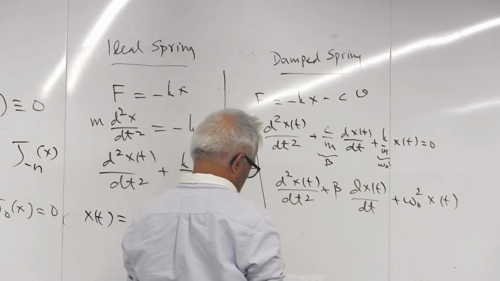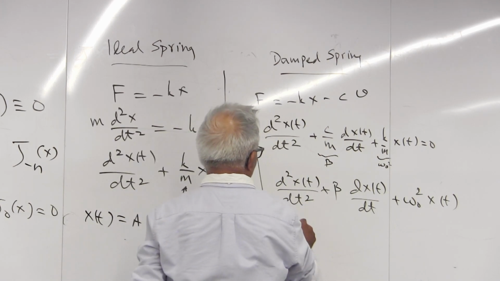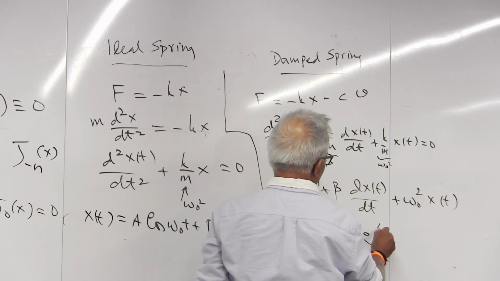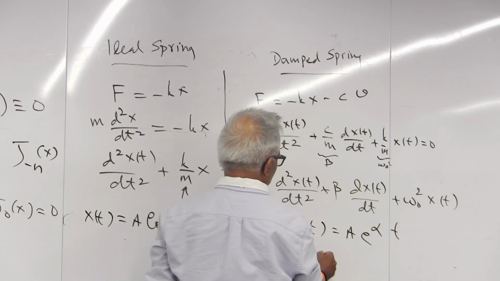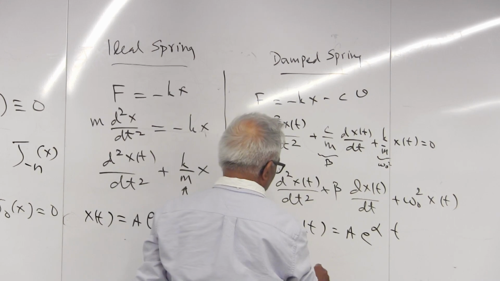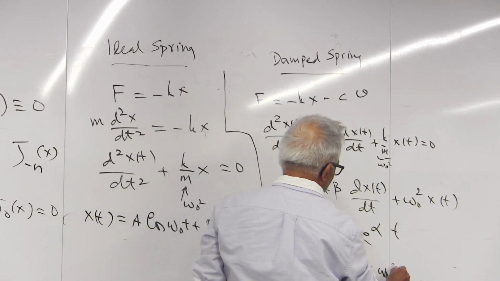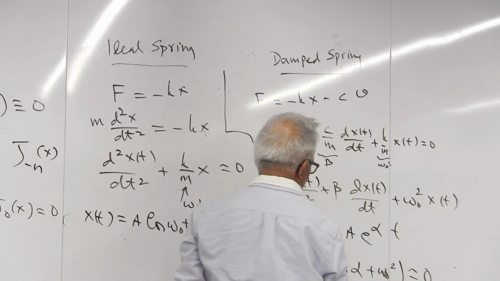If you try a solution of the form e raised to alpha t and substitute it here, you can see that alpha squared plus beta alpha plus omega 0 squared must be 0.